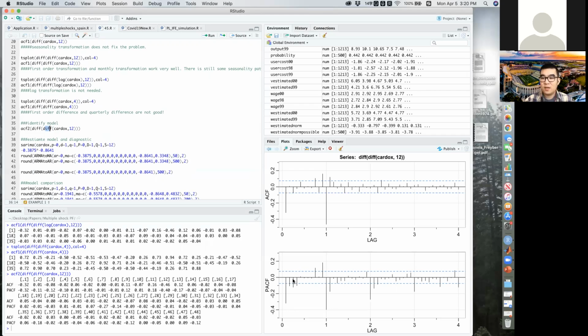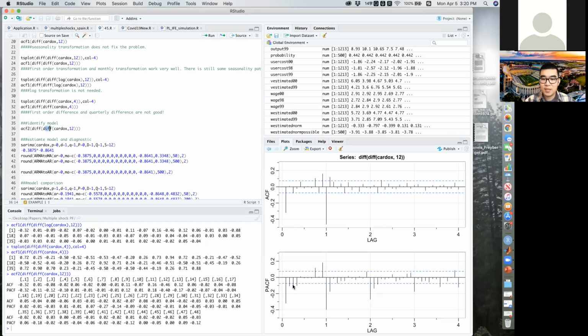However, for the PACF plot, you can see that there are large lags at lag number 1, lag number 2, lag number 3, and also lag number 4. And moreover, you can see there are huge lags here, like lag number 11, I think this is lag number 23, here is lag number 35, and this is lag number 47.